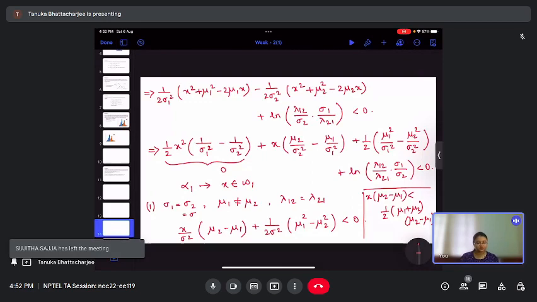So if I take this term to the right side, it will become mu 2 square minus mu 1 square.